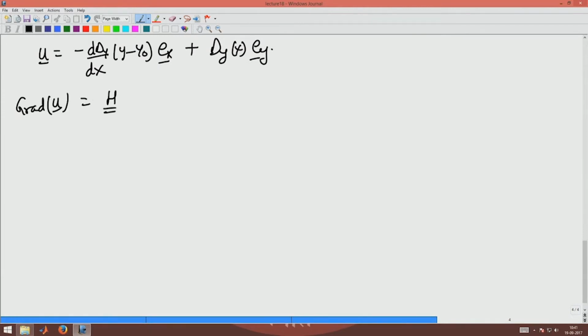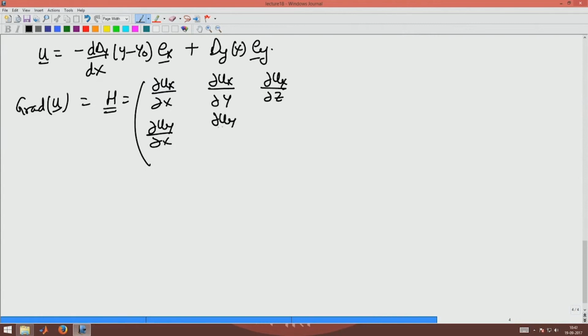Gradient of u is h, which is given by dou ux by dou x, dou ux by dou y, dou ux by dou z, dou uy by dou x, dou uy by dou y, dou uy by dou z, dou uz by dou x, dou uz by dou y, dou uz by dou z.